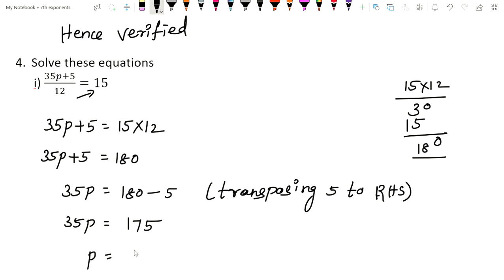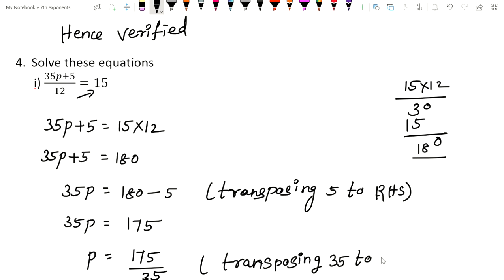P equal to 175 by 35. Transposing 35 to RHS.